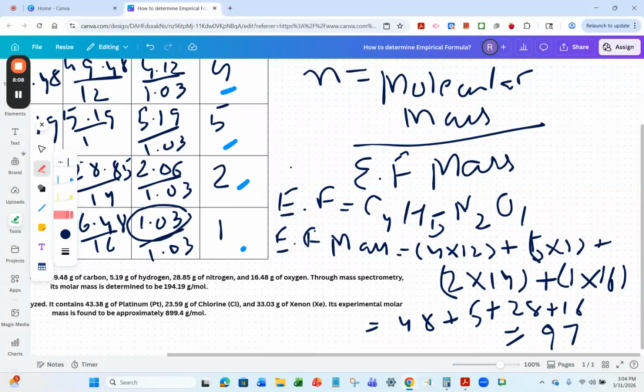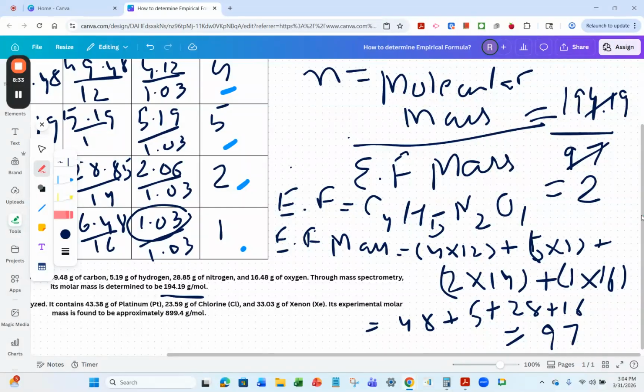Here we go. And where is my molar mass? Molar mass is 194.19, and your empirical mass is 97. What is your N value? 2.